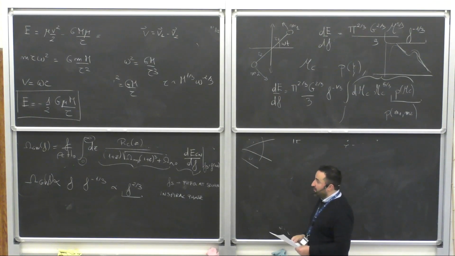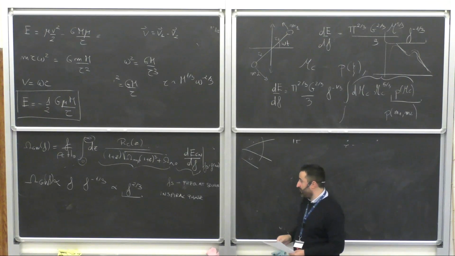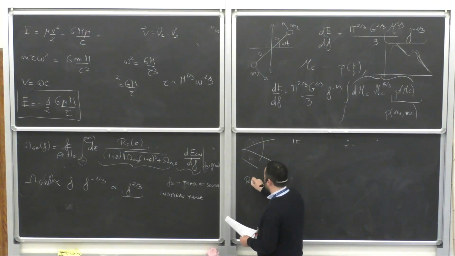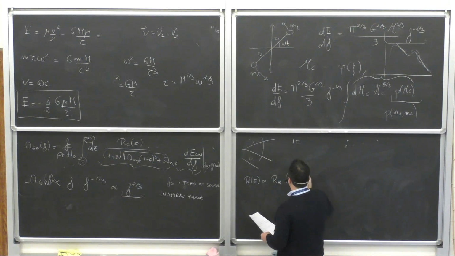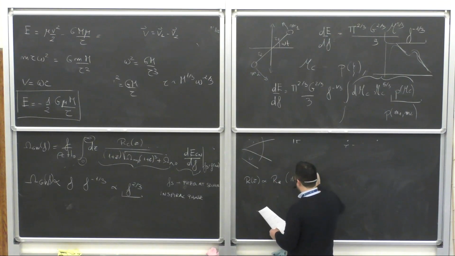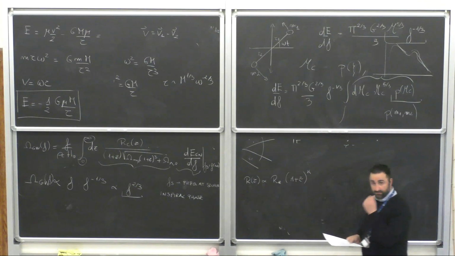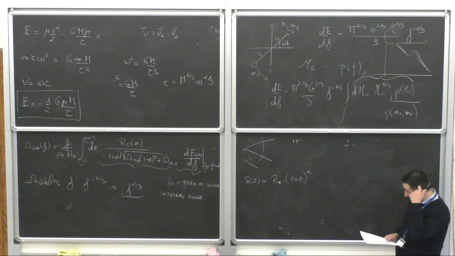Looking at the data that we have up to now, the distribution on the redshift given from LIGO Virgo looks like a power law, just like this, okay?